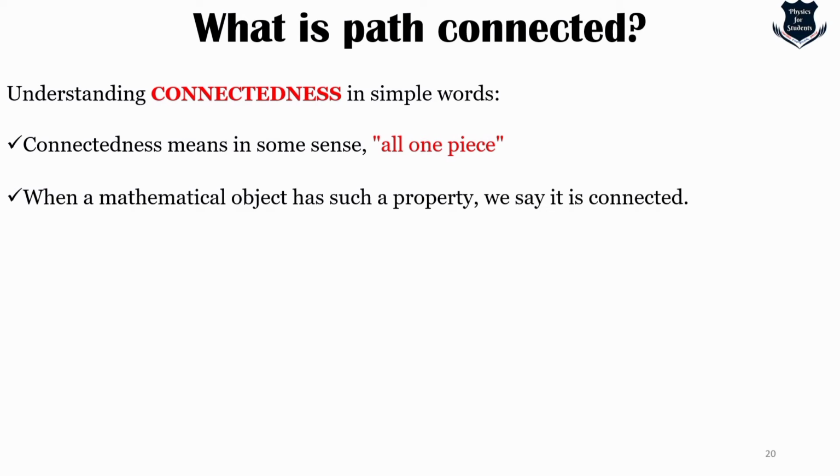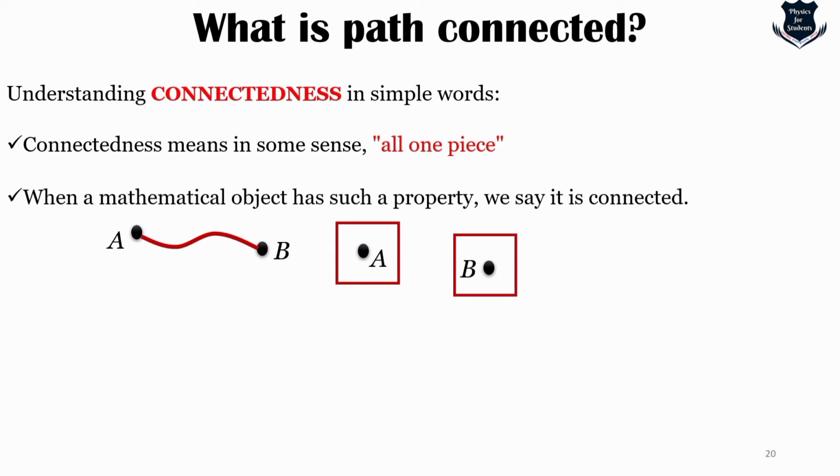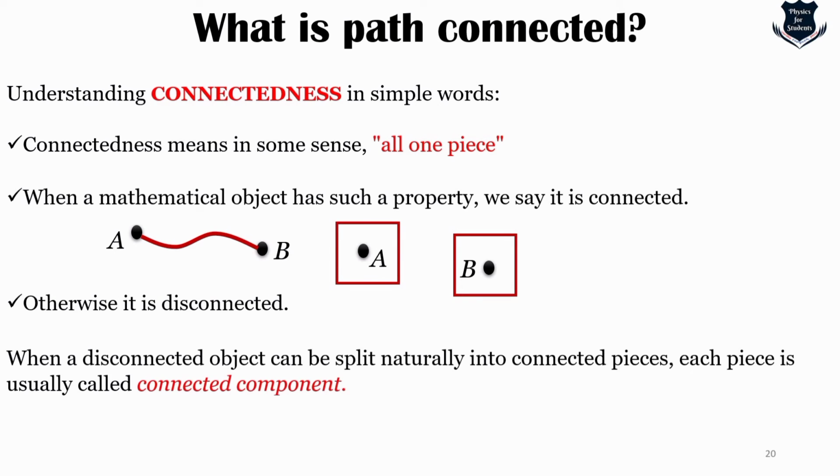When a mathematical object has such a property, we say it is connected. You see A and B are connected by this red curve, and here are A and B, 2 points which are not connected. Otherwise obviously it will be disconnected. This is a new definition. When a disconnected object can be split into connected pieces, each piece is called a connected component.